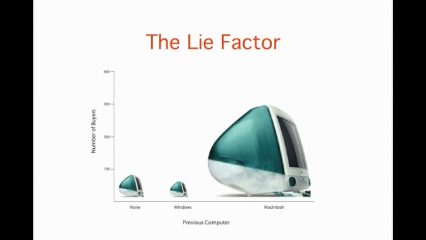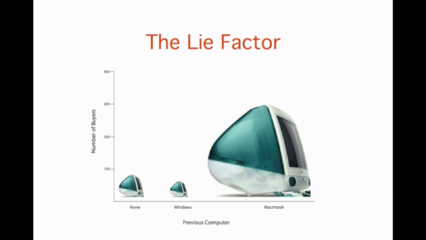This can exaggerate the size differences between the groups. In terms of percentages, the ratio of previous Macintosh owners to previous Windows owners is about 6:1. But the ratio of the two areas in this figure is about 35:1. A biased person wishing to hide the fact that many Windows owners purchased iMacs would be tempted to use this figure rather than the simple bar chart.